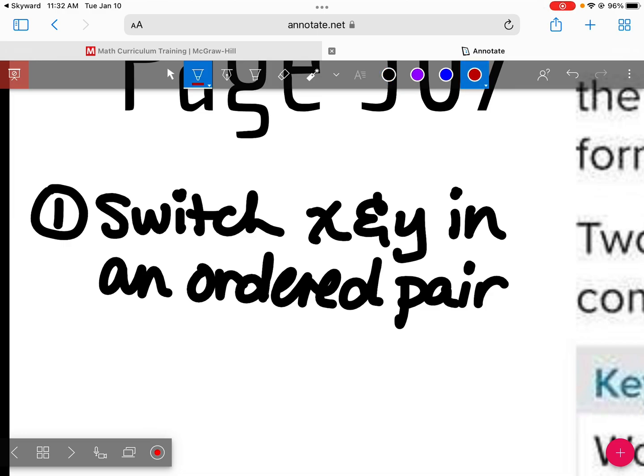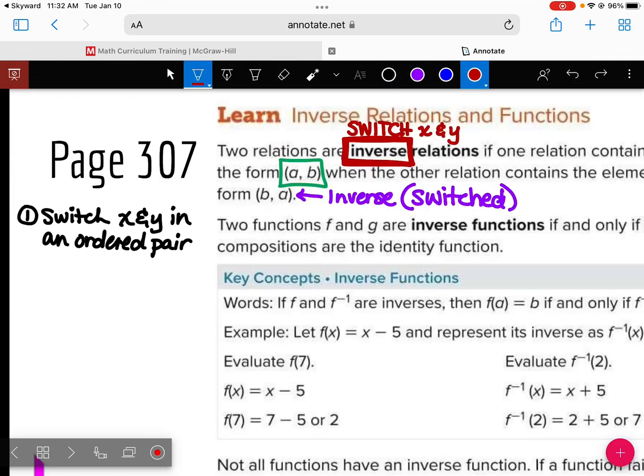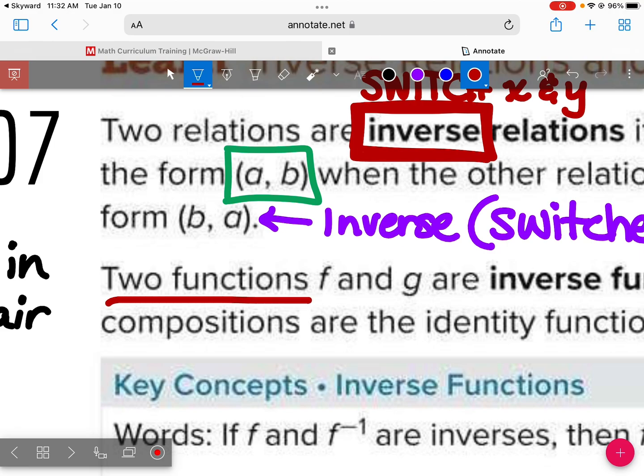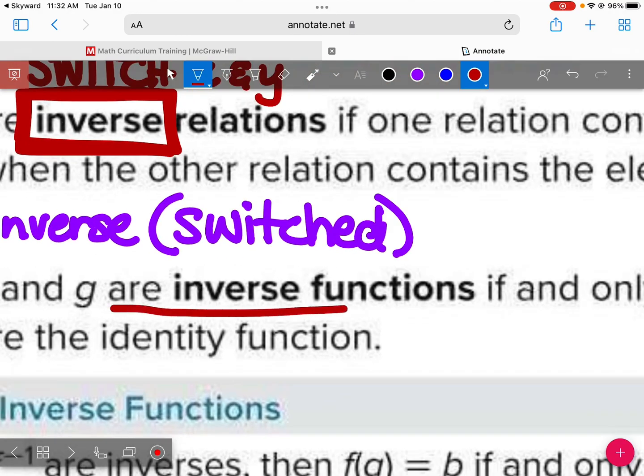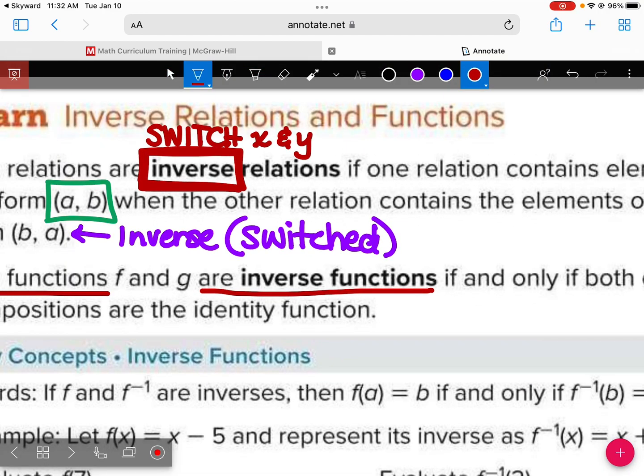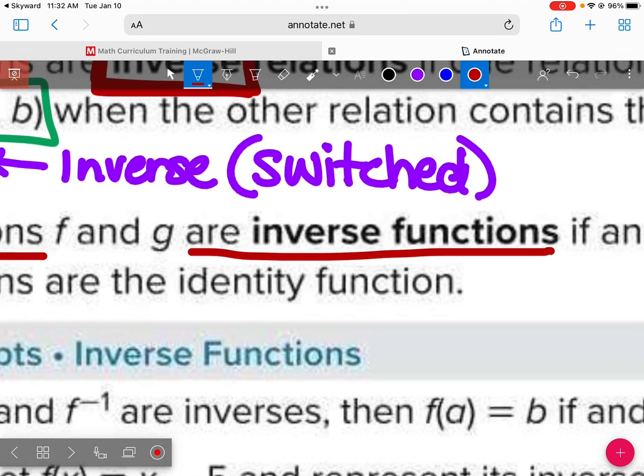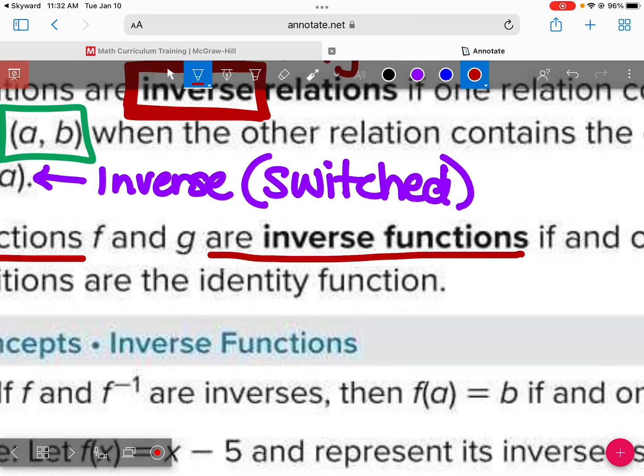If I have 2 functions, and they are inverses. Do you guys remember yesterday when we learned how to compose functions together? I took one function and I stuffed it inside of the other one, and then we simplified. We used 2 different colored pencils for this. If I compose 2 functions together, and they are inverses, then they will make the identity function.